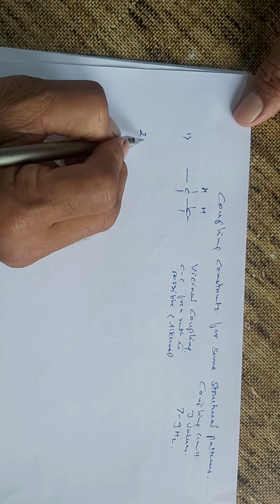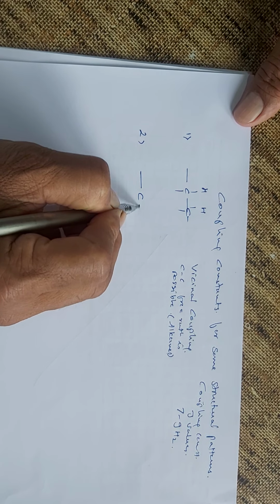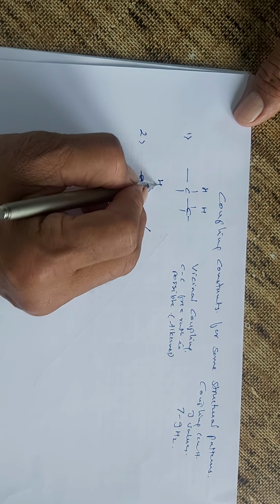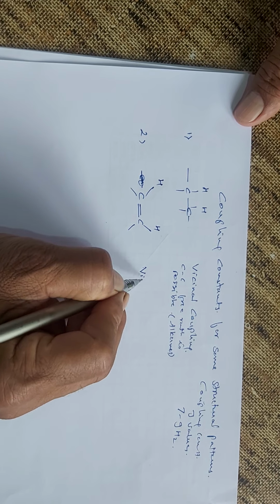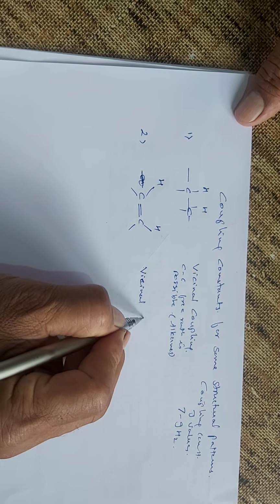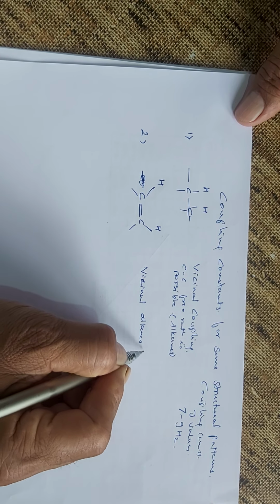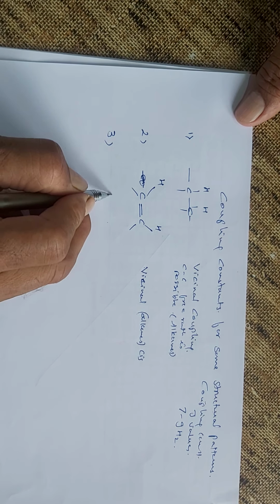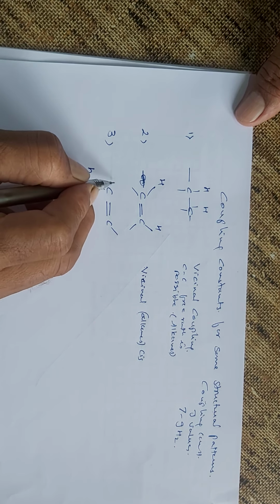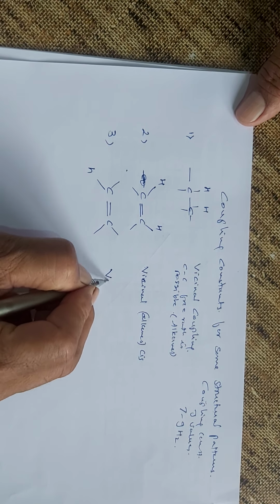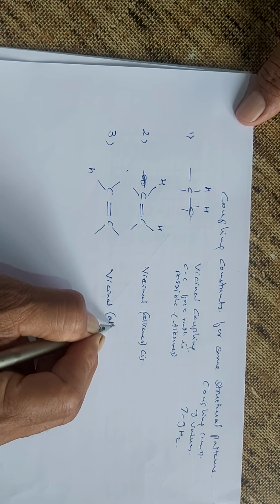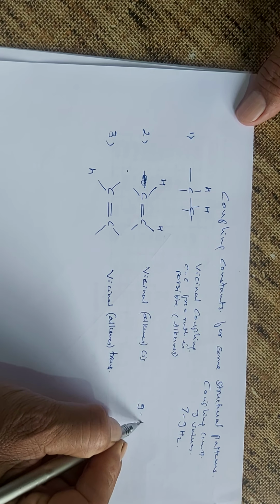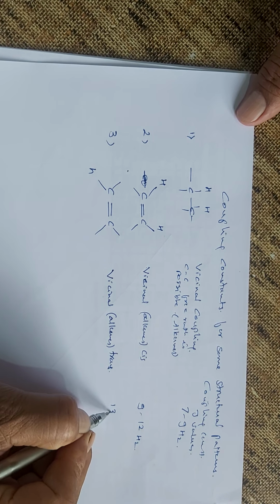But if we look at vicinal coupling in alkenes, for the cis molecule or the trans molecule, C double bond C with H and H, for the cis it is 9 to 12 hertz, and for the trans it is 13 to 18 hertz.